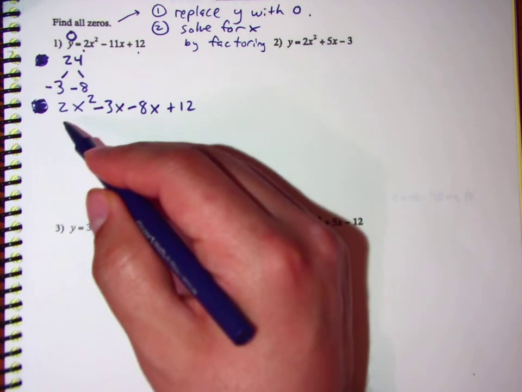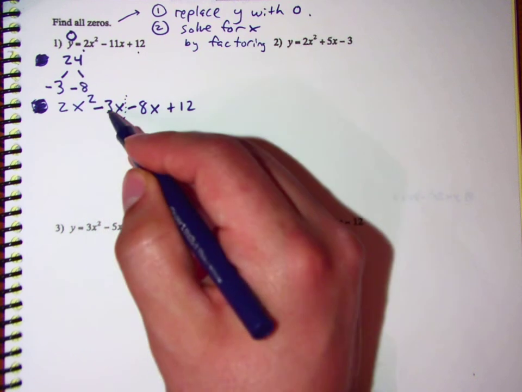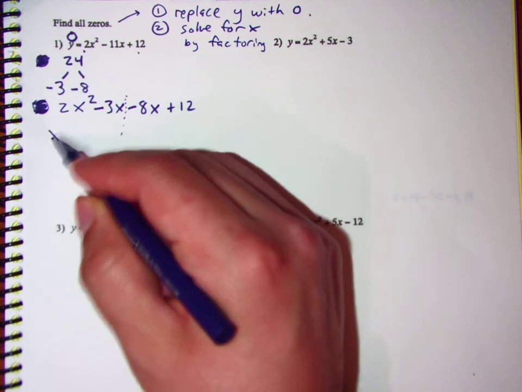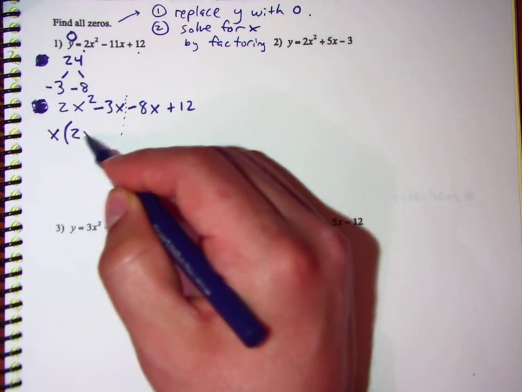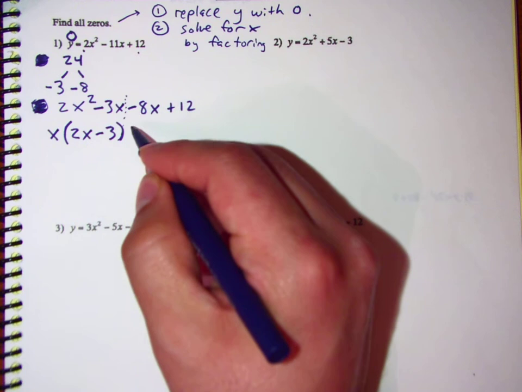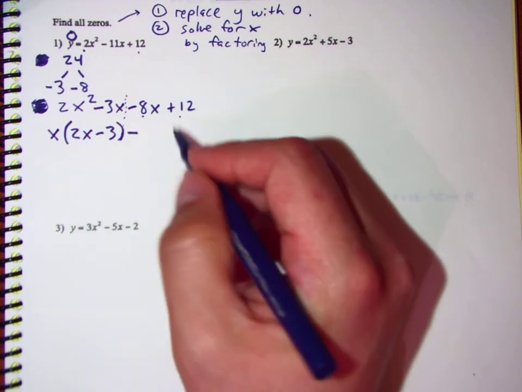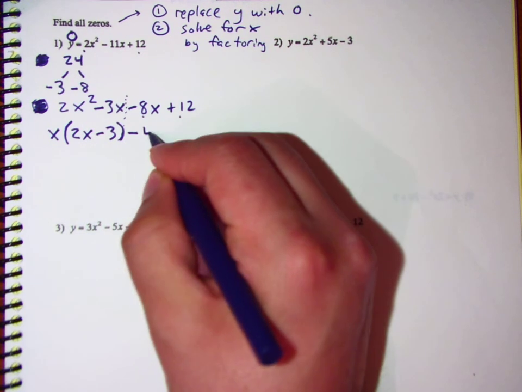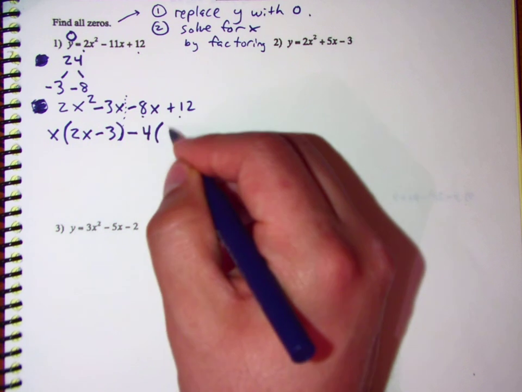And so remember that we look at the first half. Here we take out a GCF, which is x. And you divide x out, you get 2x minus 3. You bring down the negative sign, and now 8 and 12, the GCF of 8 and 12 is going to be 4. And then you divide everything here by 4, you get 2x.